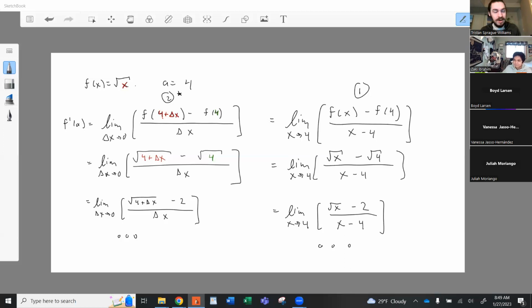I've been making you practice the algebra involved in solving these limits. What am I going to use here? What's the strategy for simplifying this expression? Multiply by the conjugate. That's right. Multiply by the conjugate.